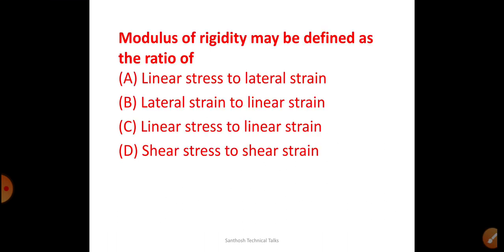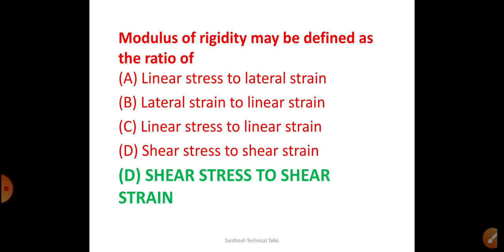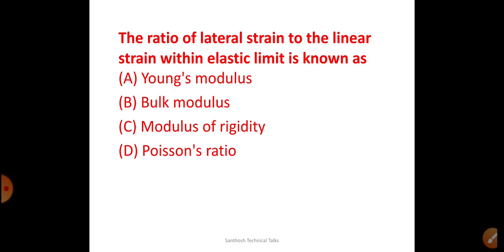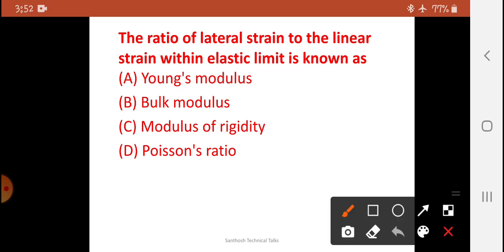Modulus of rigidity may be defined as shear stress to the shear strain, and the ratio of lateral strain to the linear strain within the elastic limit is called Poisson ratio. So please make a note: strain divided by strain.